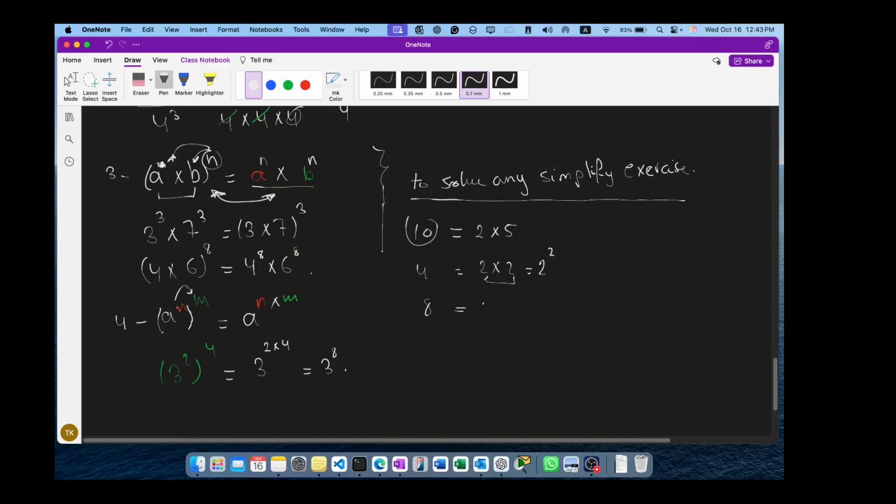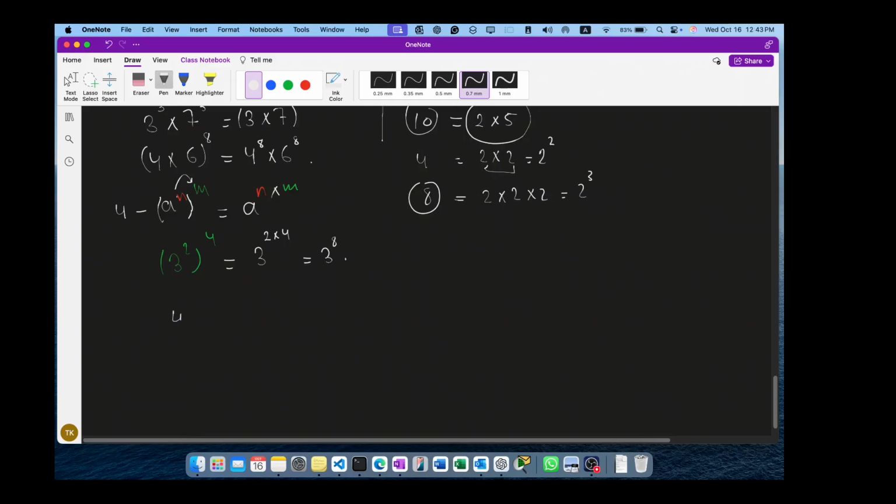And 8 is 2 times 2 times 2, 2 to the power 3. When you have an example you want to simplify, just factorize your number. It will help you to reduce 2 with 2 and 5 with 5 in the numerator and the denominator, etc. I will give you an example after a while.